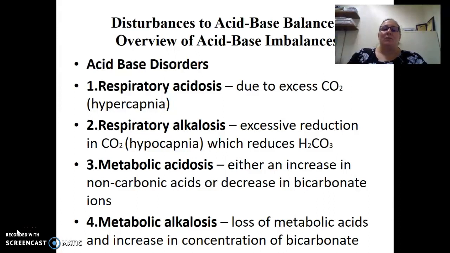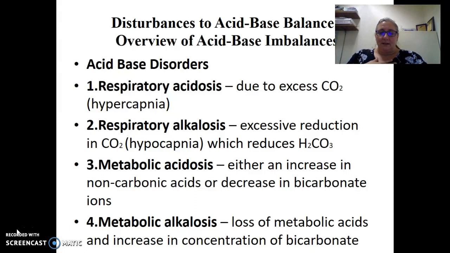They have to produce more bicarbonate and make sure that we reabsorb all the bicarbonate we can get to help maintain our pH. Respiratory alkalosis occurs when we don't have enough carbon dioxide. So this would be something where you are hyperventilating. You're blowing off so much carbon dioxide, you actually will get dizzy and you oftentimes will pass out.